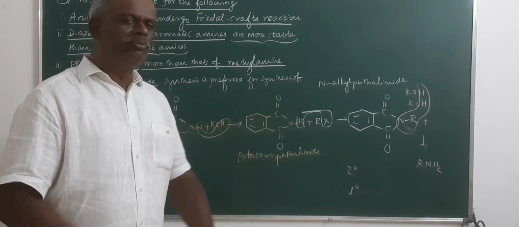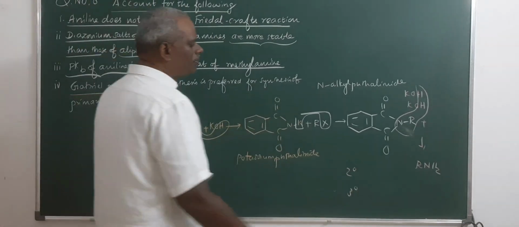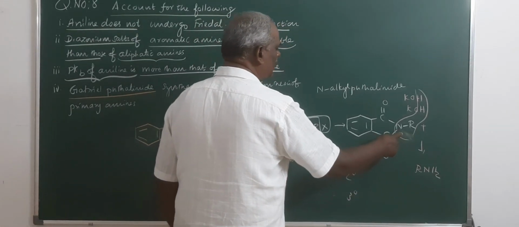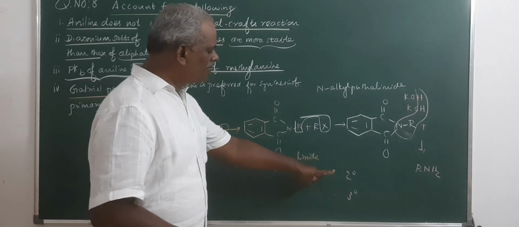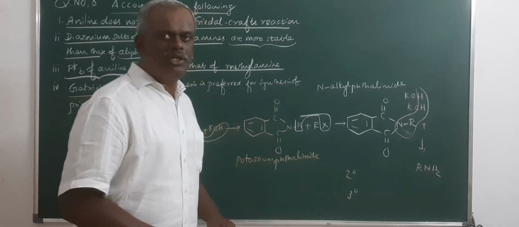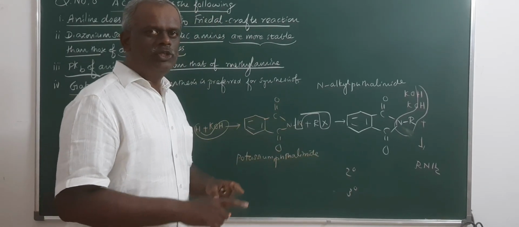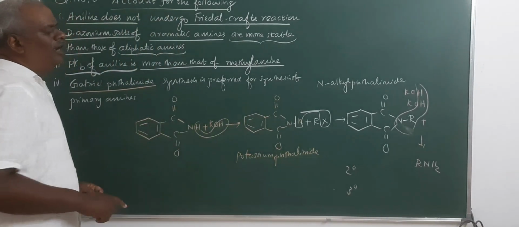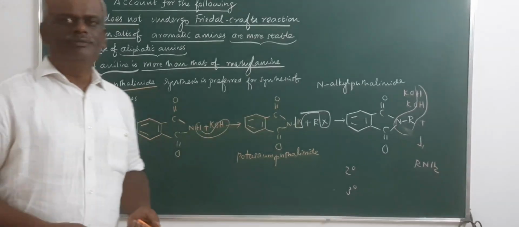So it is an exclusive method for obtaining the primary amine. As we don't have any other alkyl group in this attachment, we cannot obtain the secondary amine as well as tertiary amine. So it's a preferential method for obtaining only the primary type amine. Is it clear?